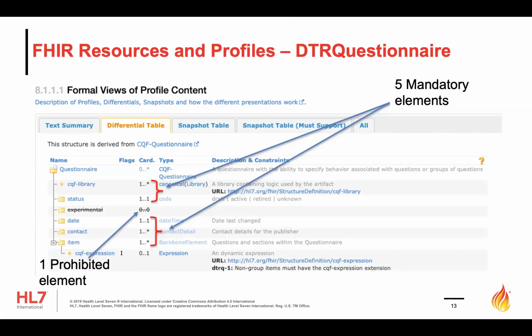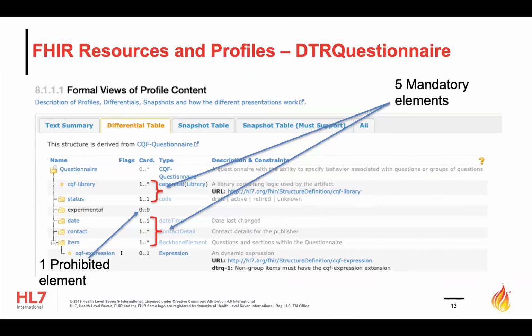So just to touch on some of the profiles that DTR has. We've profiled 3 different resources. If you're familiar with FHIR, a profile is kind of based on a resource.